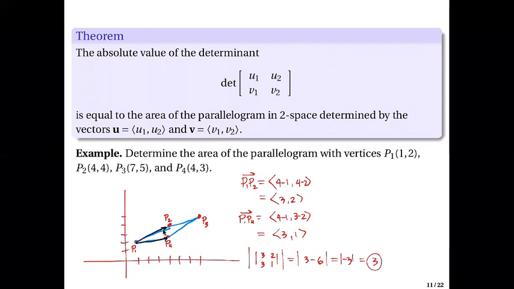If you use, however, P1P2 and P1P3, you will generate a different parallelogram and you will get a different area. So you have to make sure that you use the proper arrangement, or the proper sides, or the proper vectors of the parallelogram. Question?